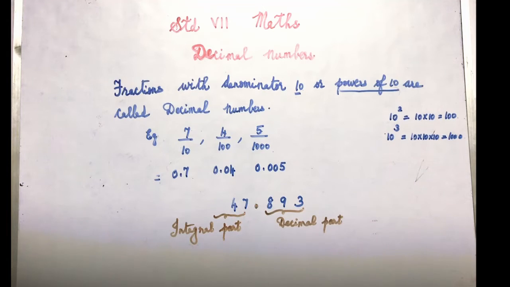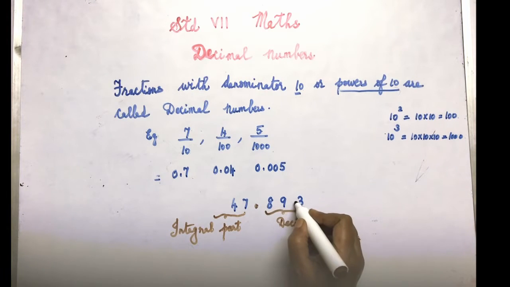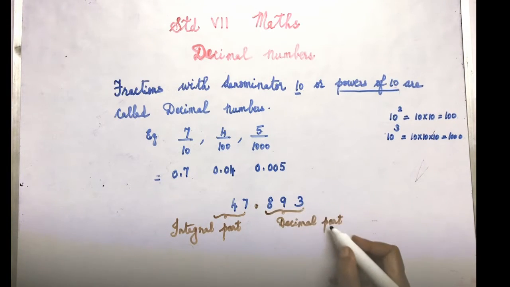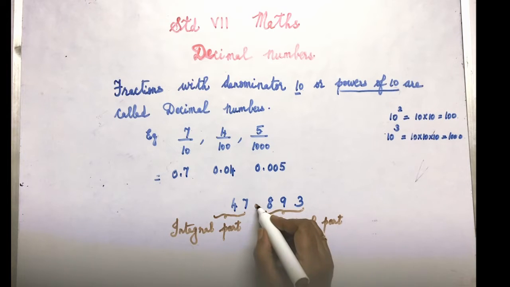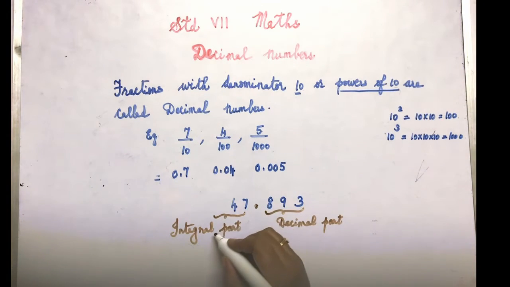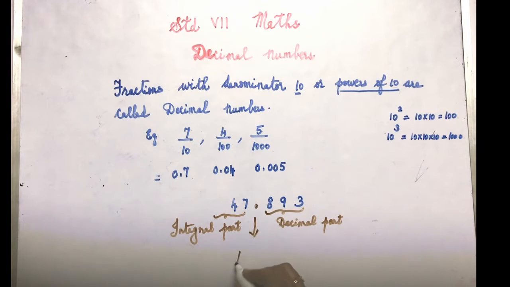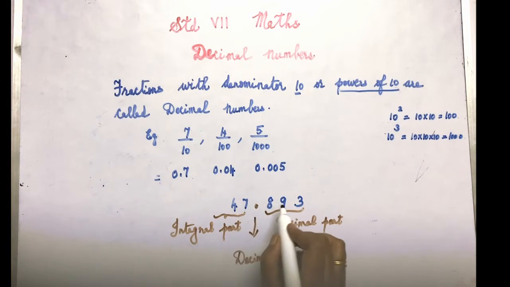So there are two parts for a decimal number. In the right side of the point we have some numbers, that is called the decimal part. In the left side of the decimal point we have some numbers, that is called the integral part, and the point in between is called the decimal point, or we will say a dot in between the numbers.